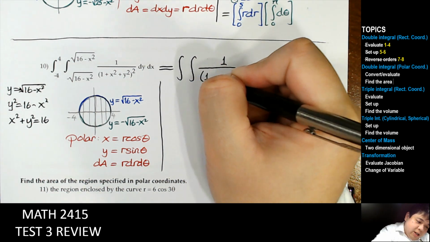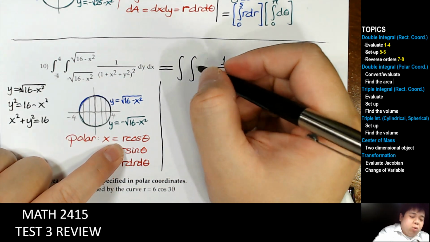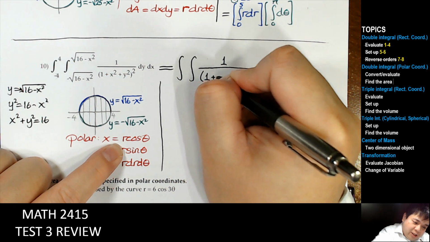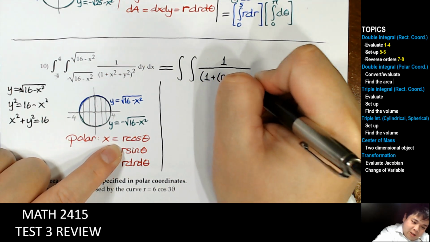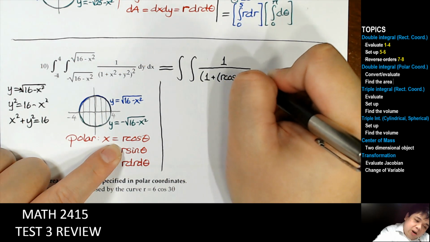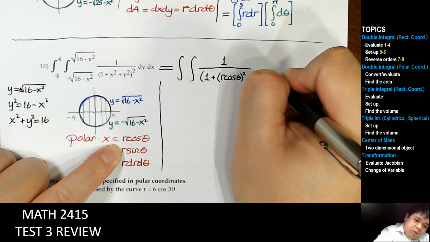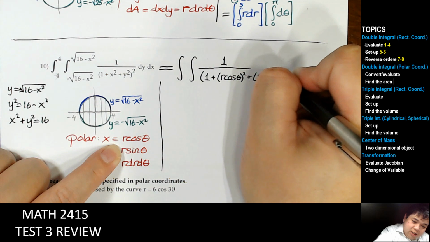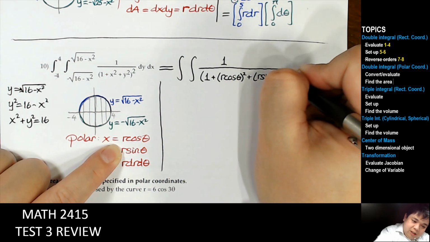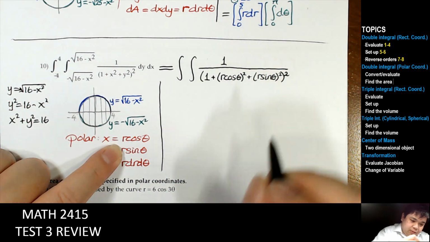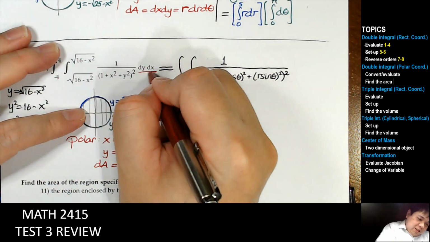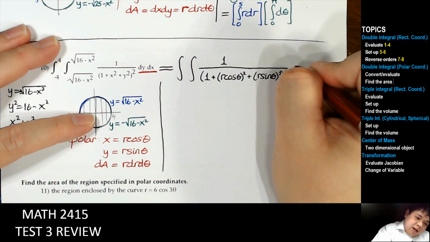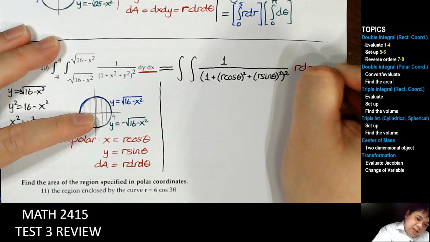We have 1 over x squared plus y squared, where x squared is r cosine squared and y squared is r sine squared. So we have to replace the function in terms of r and theta. And then dy dx becomes r dr d theta.